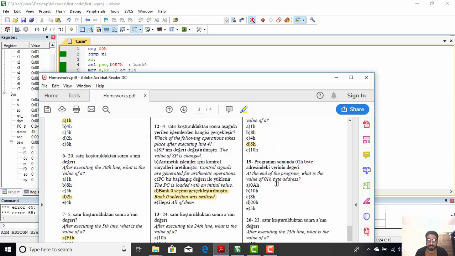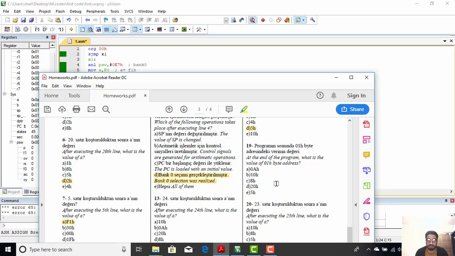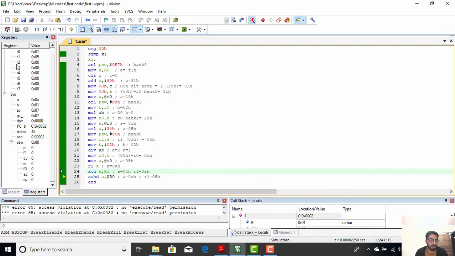Yes, 5x. Now at the end of the program, what is the value of the 01 hex byte address? Let's see, at the end of the program 01 is 5. You can take it from here and you can take it from here as well.